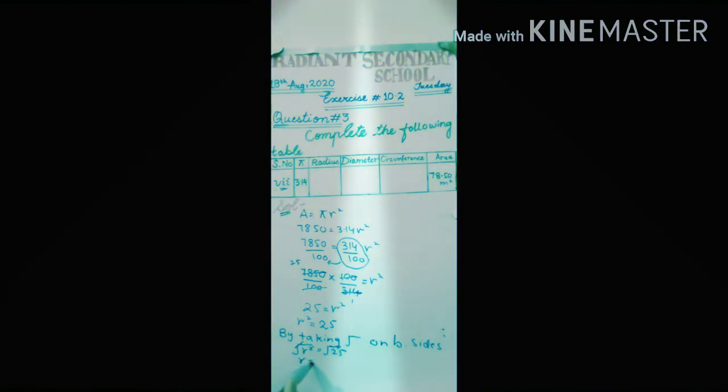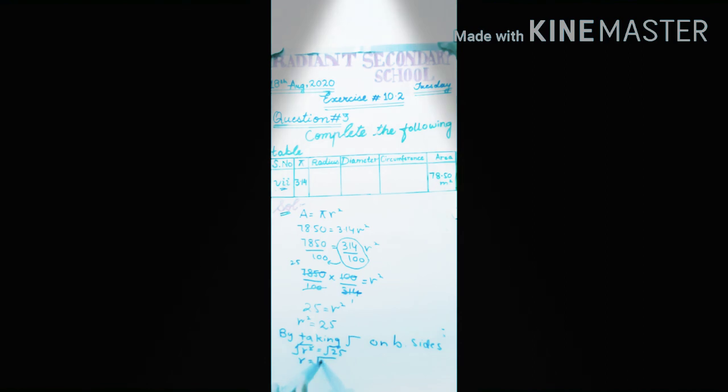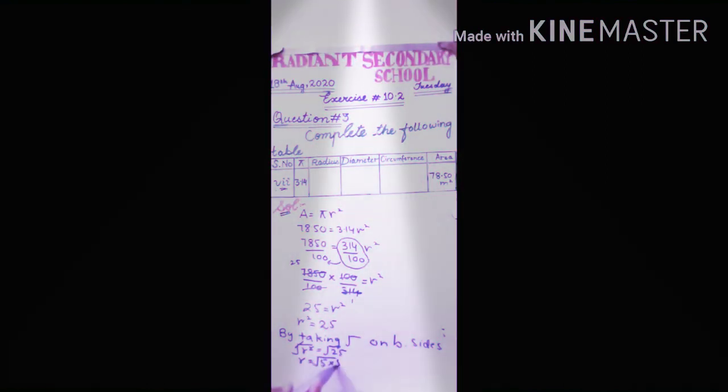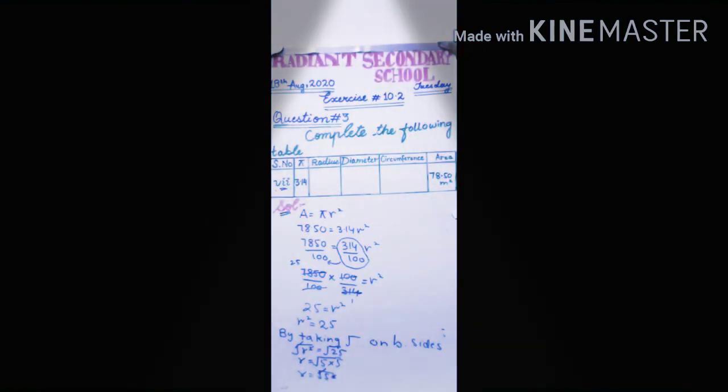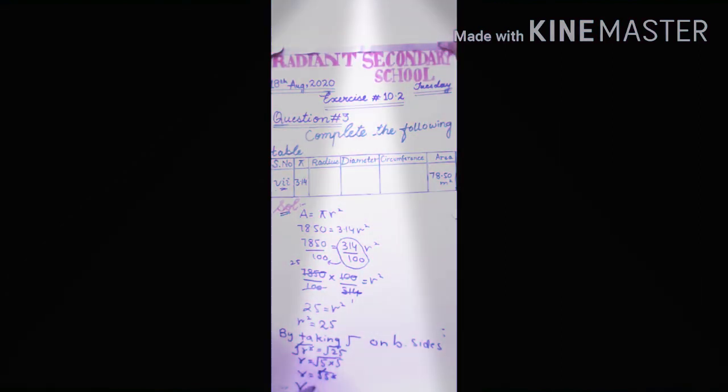R equals, under this under root 25, I can write 5 multiplied by 5. Now r equals under root 5 square. This under root can be cut with this power 2. Only r is 5. The radius is 5 and you can write the unit of radius, meter.